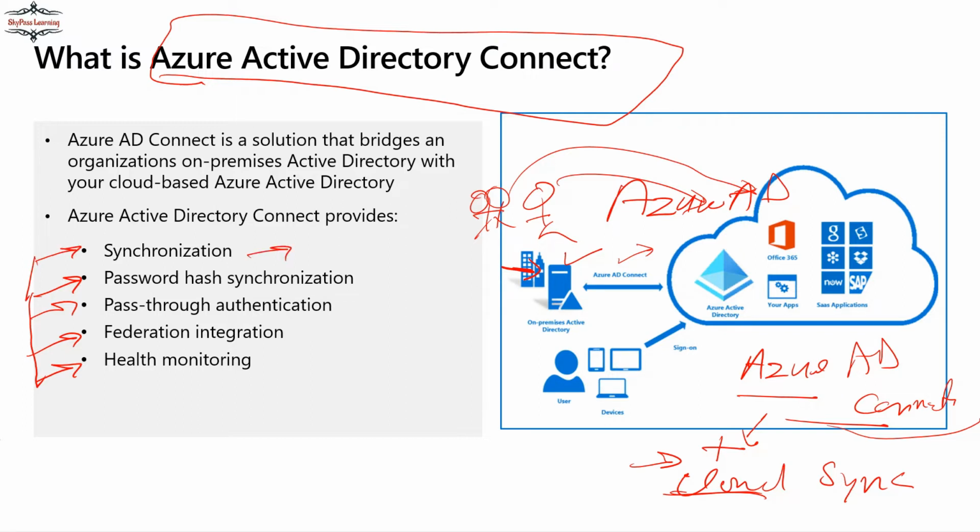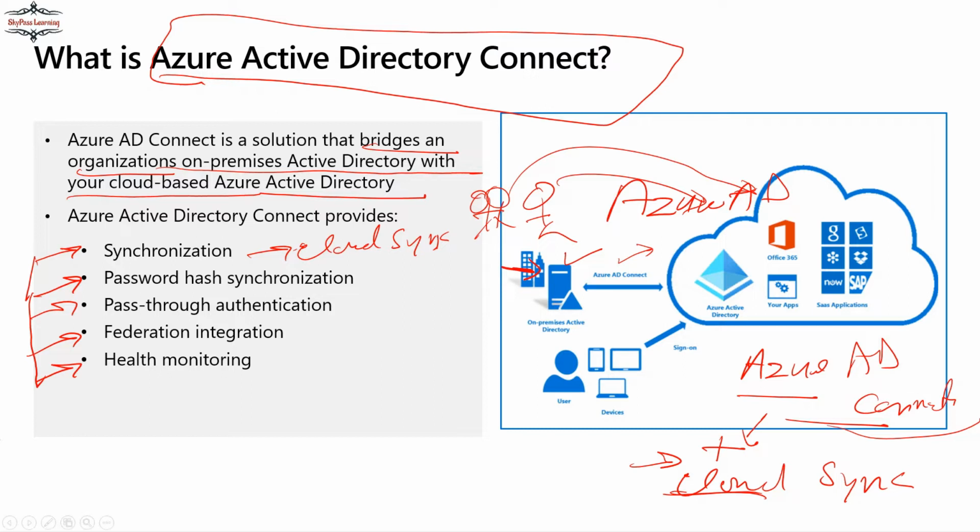This is the cloud sync feature associated with Azure AD Connect. So Azure AD Connect is a complete solution that basically bridges an organization's on-premises Active Directory with your cloud-based Azure Active Directory. The first component is known as synchronization.